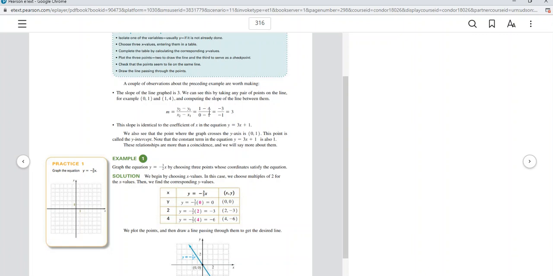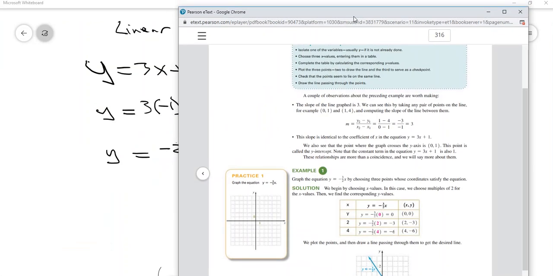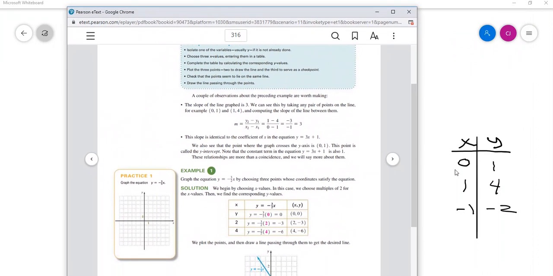But they took 2 points from that line that we had. They took the 0, 1, and the 1, 4. They use these two ordered pairs. And remember, it doesn't matter which one you call y1, y2. They're saying the 1, 4 is the second point there. And that's okay, as long as you remember x and y: x goes in the denominator, the y goes in the numerator.